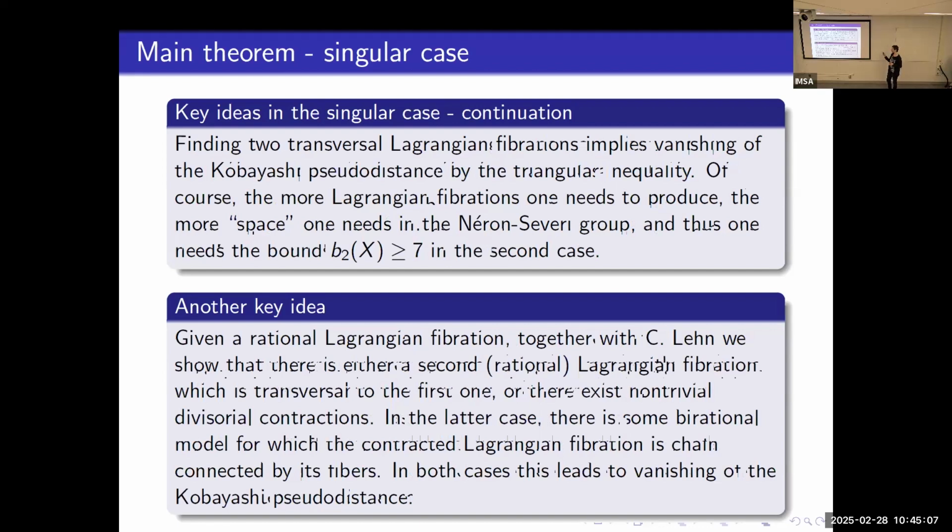Or there is a second scenario in which, instead of having a second rational fibration, you get some birational model, some non-trivial divisorial contraction, and then the contracted fibration is chain connected by fibers, and again you use the triangle inequality.